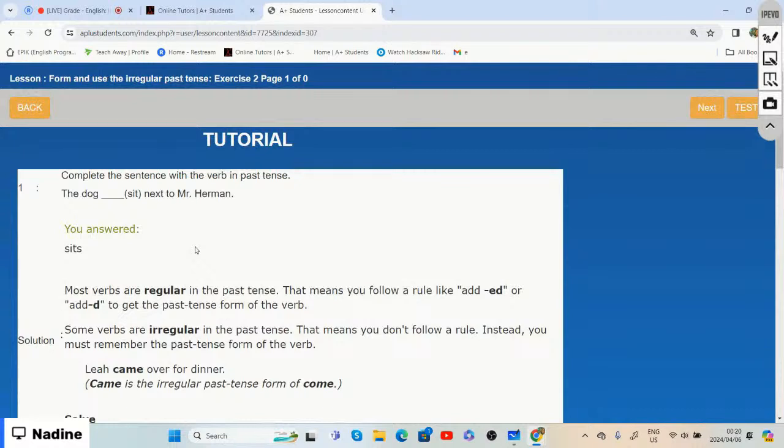It says the dog sit next to Mr. Herman. We need to choose the correct past tense irregular verb.